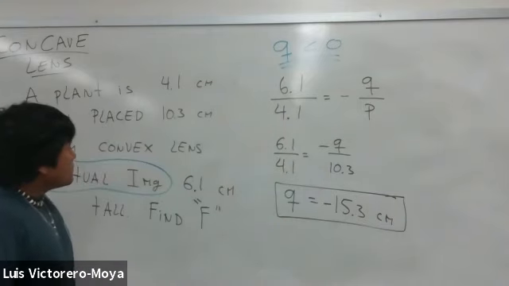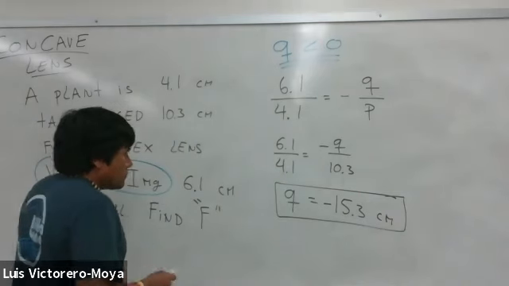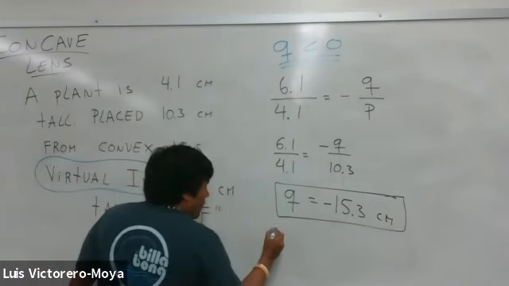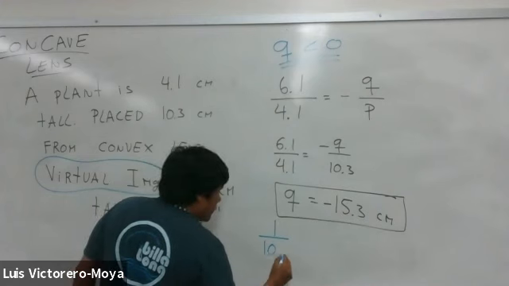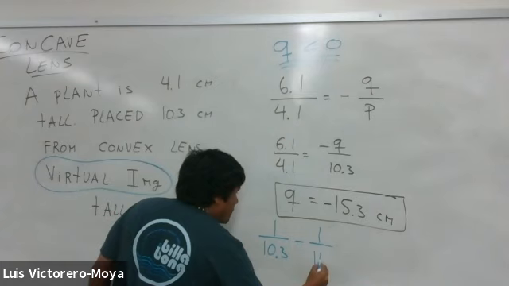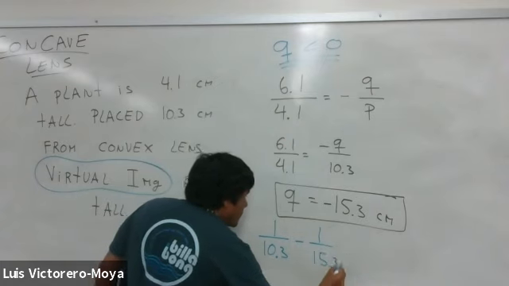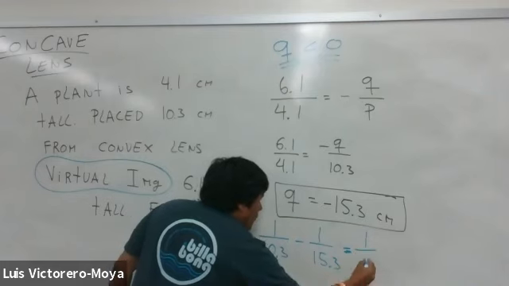I have Q, I have P. So 1 over 10.3 minus 1 over 15.3 is equal to 1 over f.